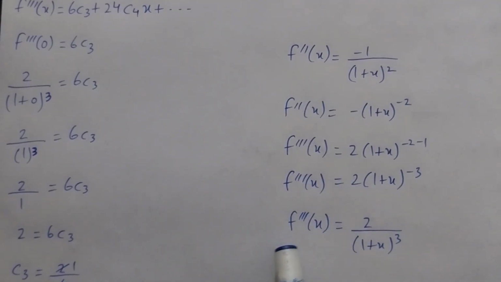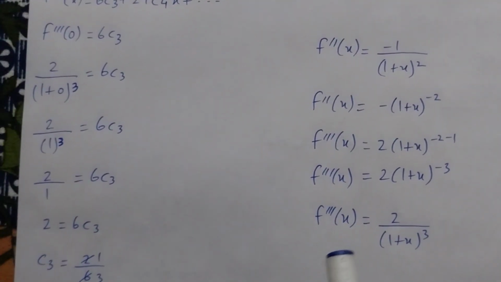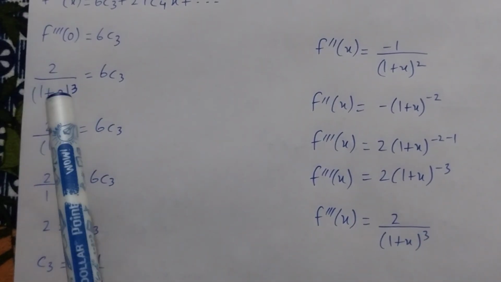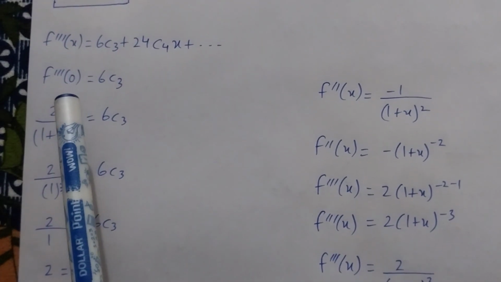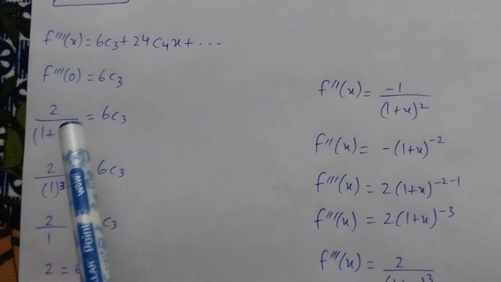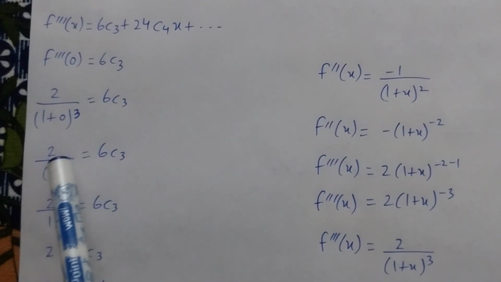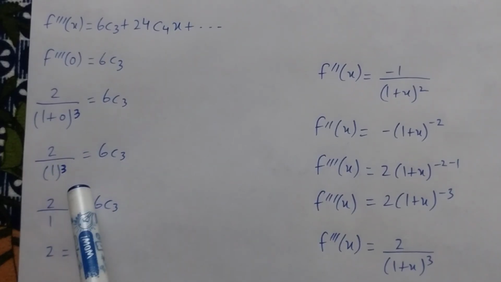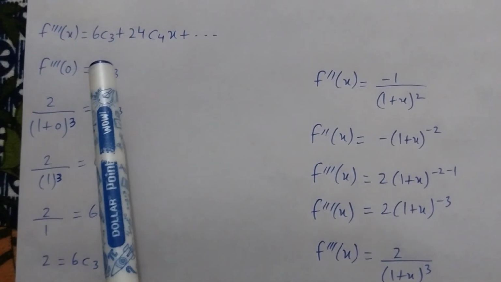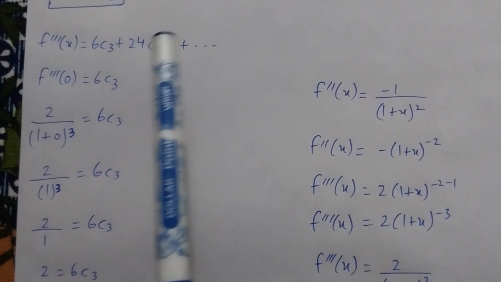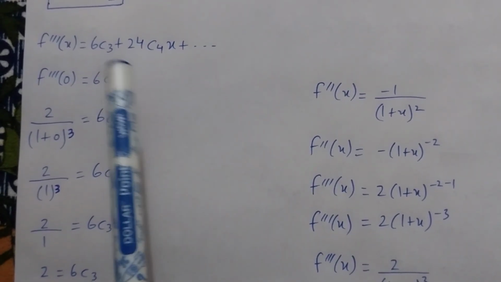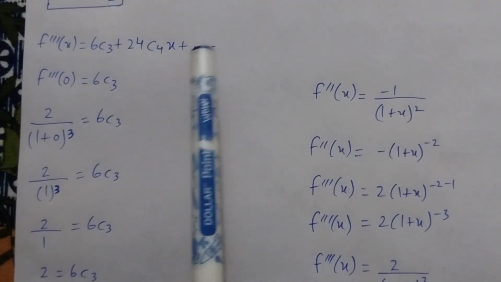So this is our third derivative, and we'll put 0 in place of x in this. So on the left hand side we have f triple dash of 0, that is simply 2 over 1 plus 0 whole cubed, 2 over 1 cubed, 2 over 1, which is equal to 2. And on the right hand side, when we take the derivative of the second derivative, it becomes 6c3 plus 24c4x and so on.